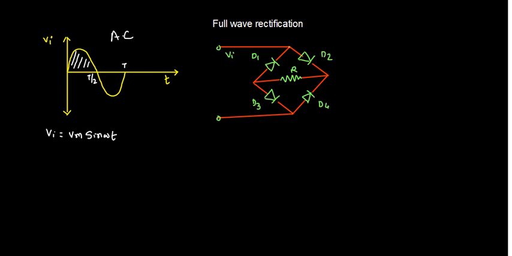So this terminal will become positive, and this terminal will become negative. So how will the current move? You can see at this diode, the current will move from this side. This diode D2 is going to be in forward bias, and D1 will act as reverse bias.